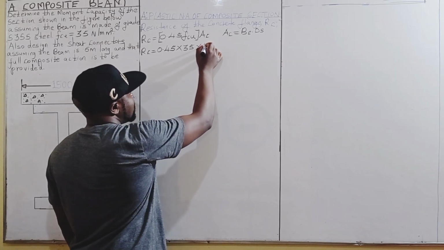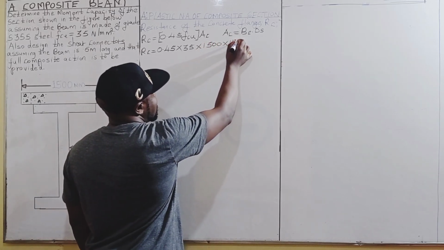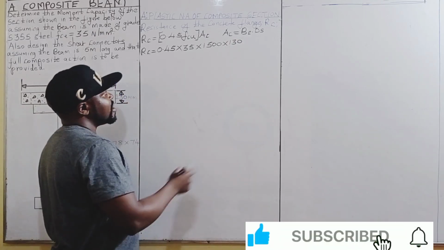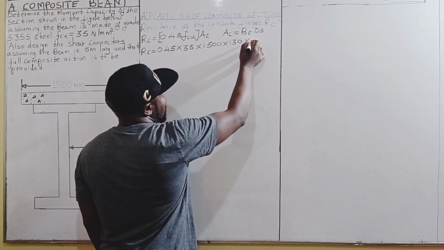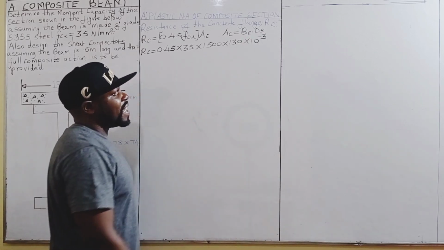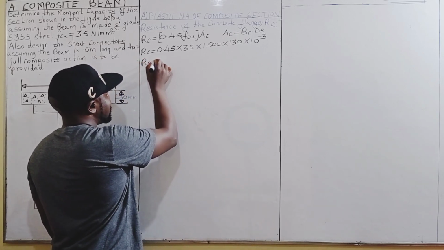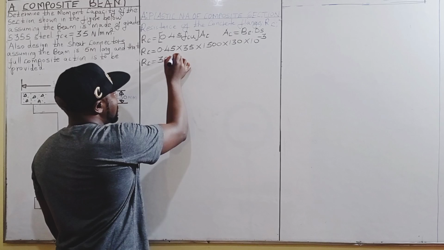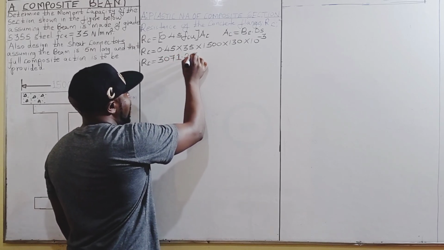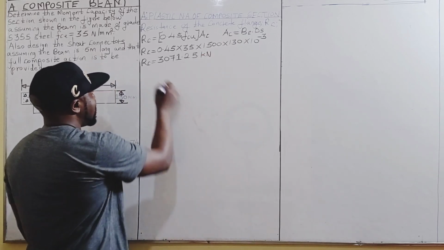That will be times 1500 times 130. We are going to get the answer in newtons, but we can convert to kilonewtons by dividing by 1000, or multiplying by 10 raised to the power of -3. When we do so, we get a resistance of 3071.25 kilonewtons.